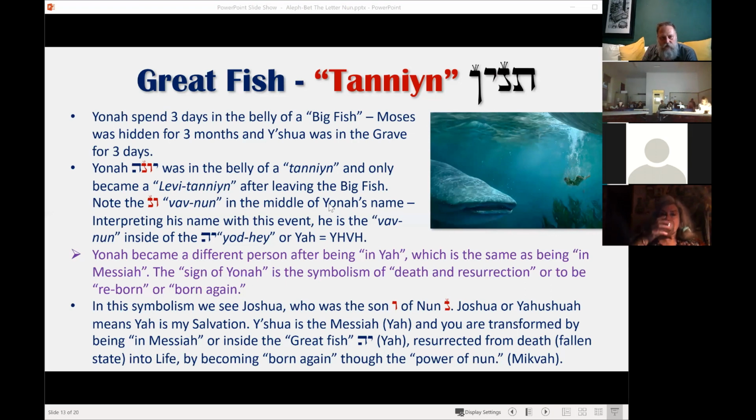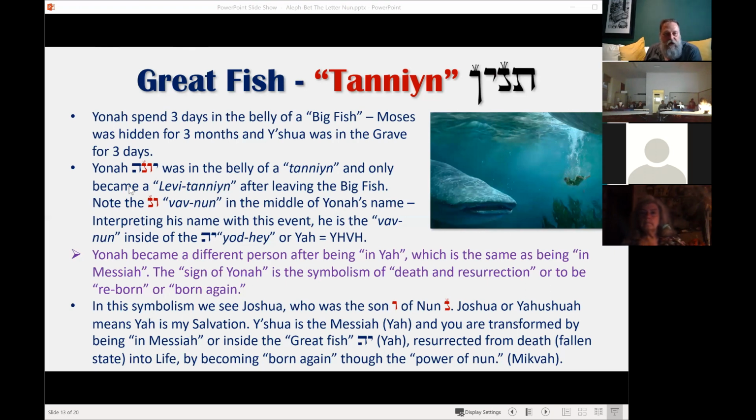And that's also what the New Testament is all about. So everything in the New Testament is found in the Old Testament symbolism, as we discuss here tonight around the Letter Nun. So it's a very interesting study, and I was actually fascinated by all these concepts.